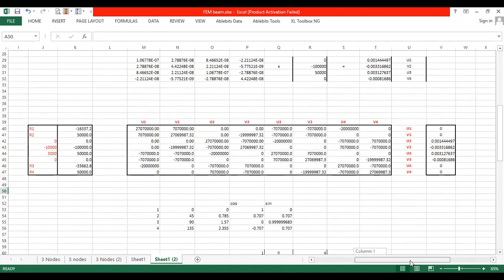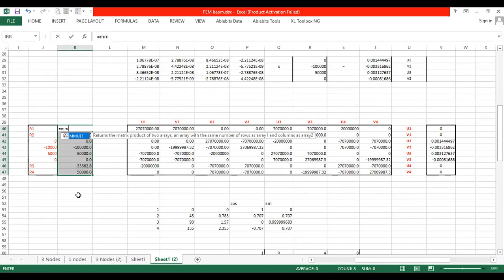Let's see if you multiply this, shall we get this right? Matrix multiplication, so you need to select the exact number of cells to represent the matrix which you need to get as the output, right? In this case, this is an 8 by 8 matrix into 8 by 1 matrix, so you will get 8 by 1 as the output.